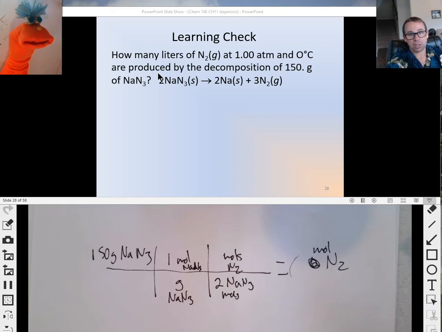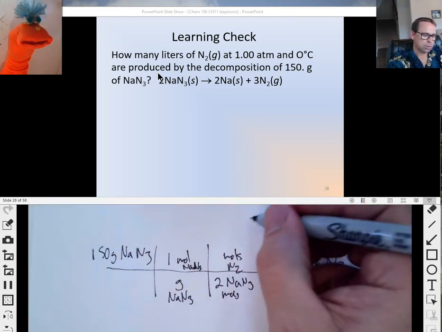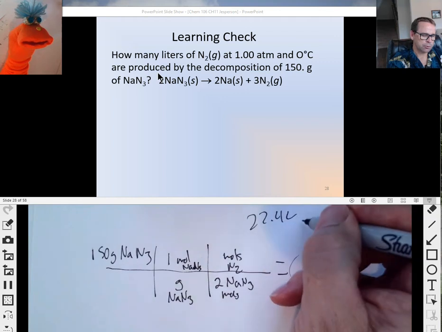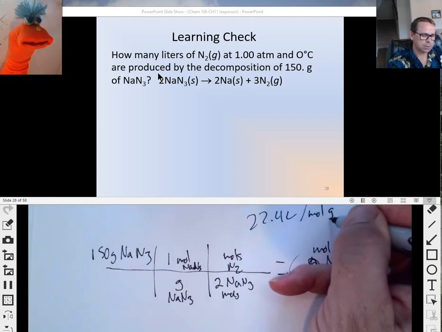Which is, these are the conditions that they're talking about, 1 atmosphere at 0 degrees Celsius, and know that my volume is going to be 22.4 liters, 22.4 liters for every mole of gas.